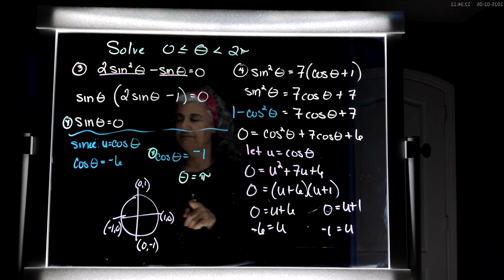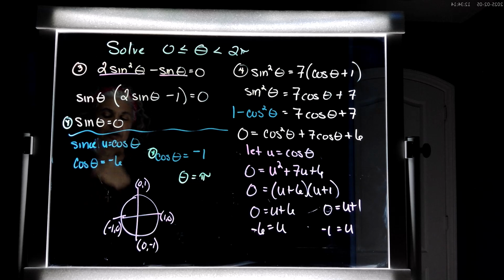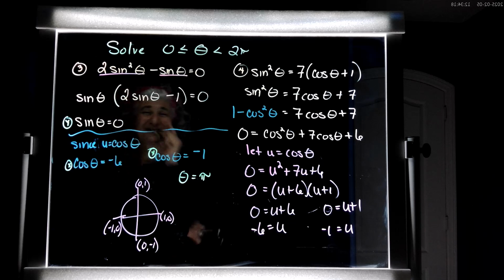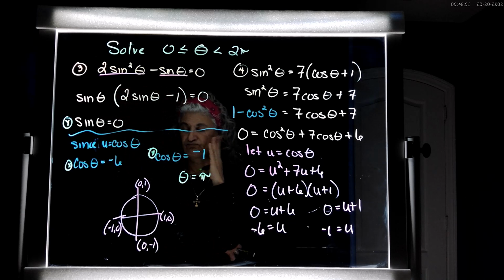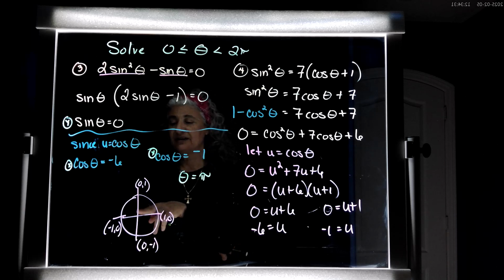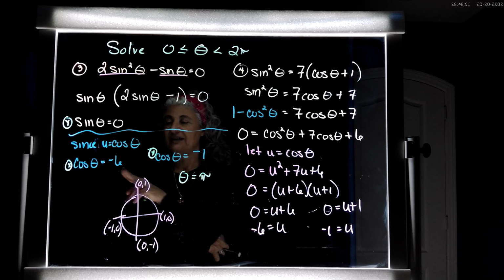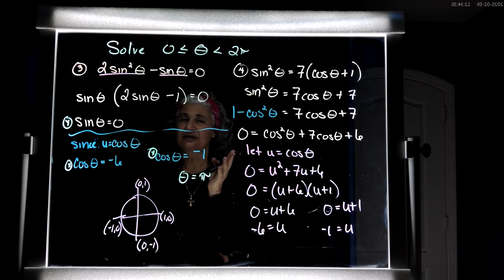Good? Okay. Now, over here, I need to know where my x's are equal to negative 6. I don't see that. Do you? And if you remember graphing also, when you look at this, negative 6 is out of range. This bottoms out at negative 1 and tops out at positive 1.